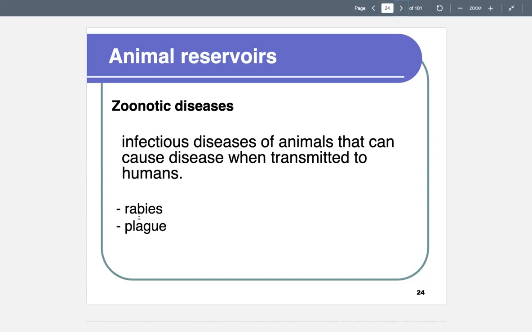If a dog with the rabies virus bites you, the virus could transfer to the human, because it enters through the bite, which serves as the portal of entry. There is also bubonic plague, or plague, a disease that comes from rats.